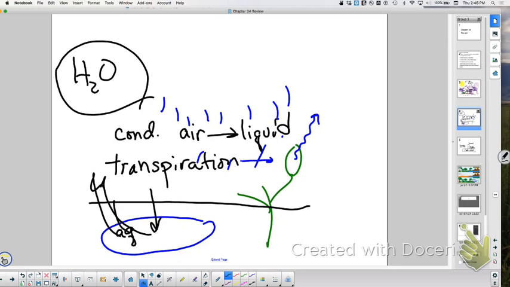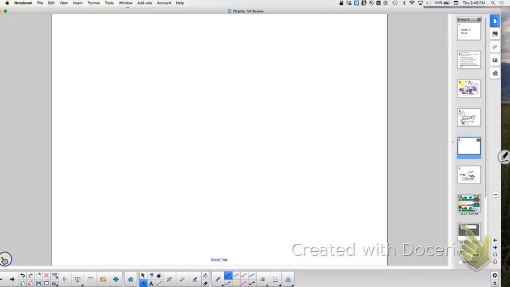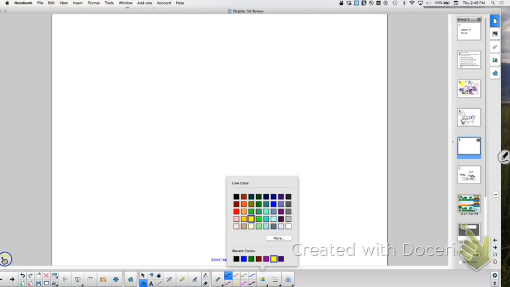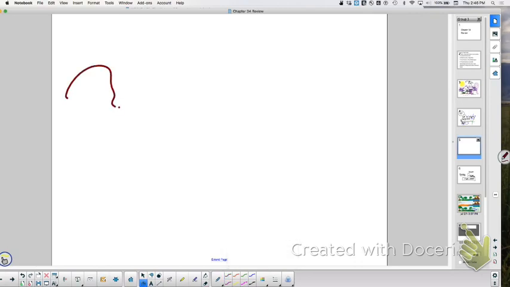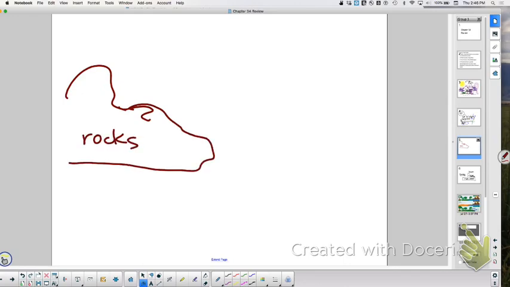What's the next cycle we want to talk about? Phosphorus. Okay, so for the phosphorus cycle, I need some brown. What do you think I'm drawing right here? Rocks. Okay? And the phosphorus is in the rocks, and how does the phosphorus get out of the rocks? Weathering and erosion. Good.